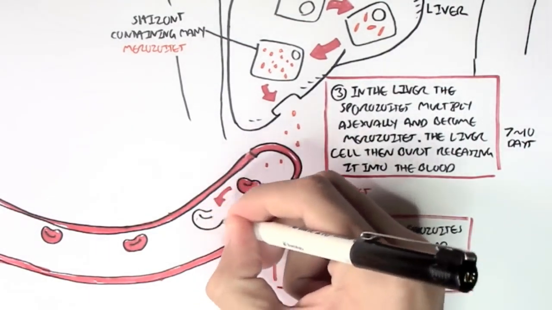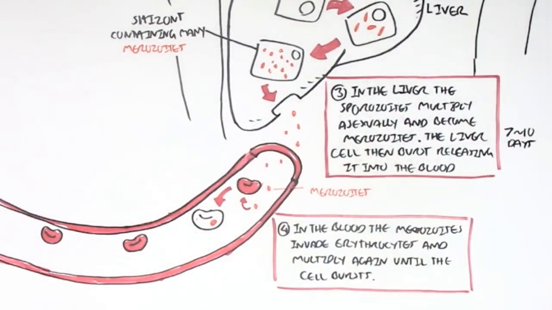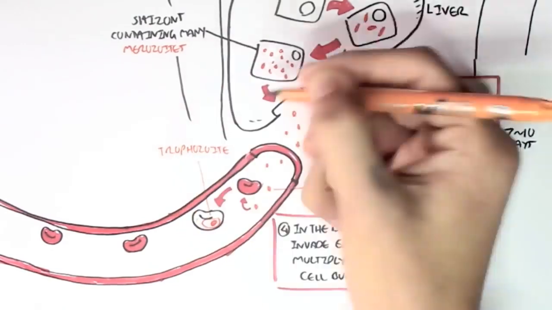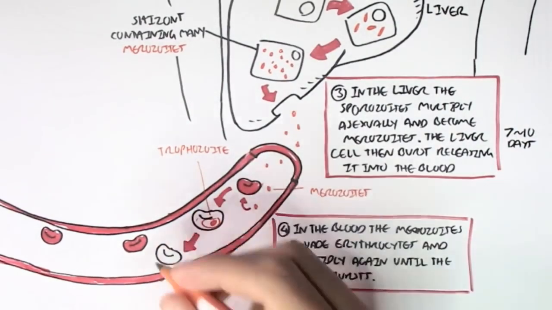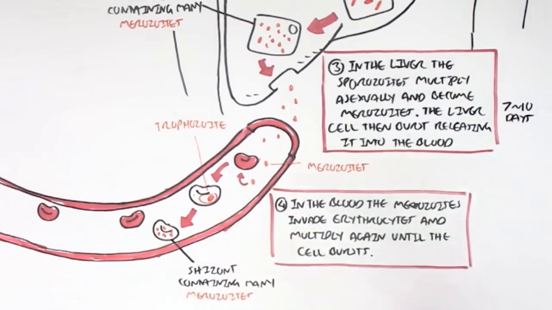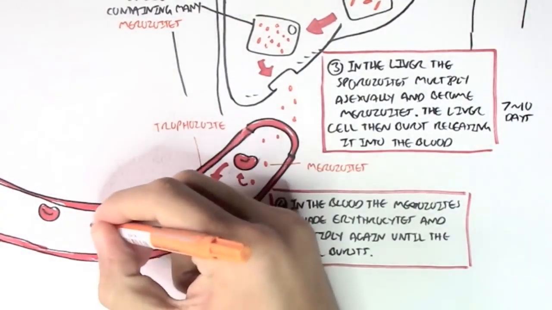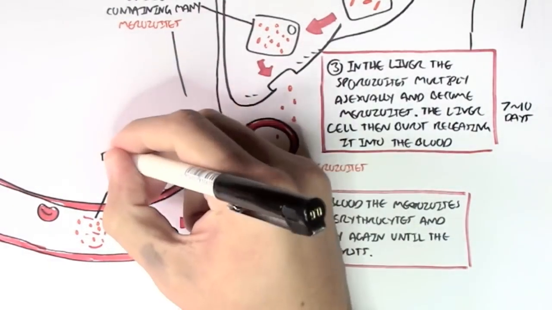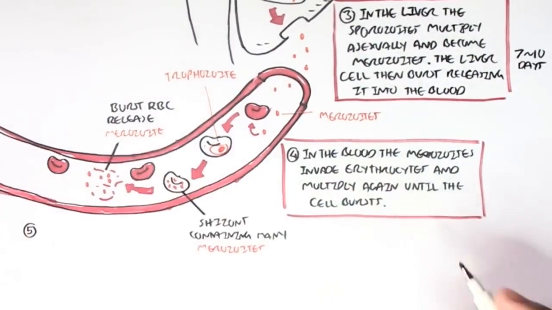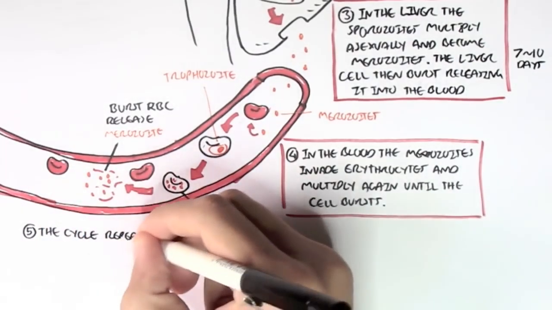The merozoite within the red blood cell will form into a ring-like structure and then a trophozoite. From this trophozoite stage, it will multiply asexually to form many, many more merozoites. With many more merozoites, the red blood cell will just burst, releasing all these merozoites again back into the bloodstream.